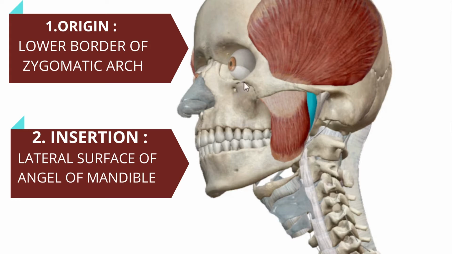You have to go behind this, posterior to the infraorbital margin, and this bony margin can be felt on the side of your face, that is nothing but the zygomatic arch. Clear? So this muscle arises from the zygomatic arch, fibers go downward and are inserted on the angle of the mandible. Clear? Deep fibers are also inserted under the angle of the mandible.